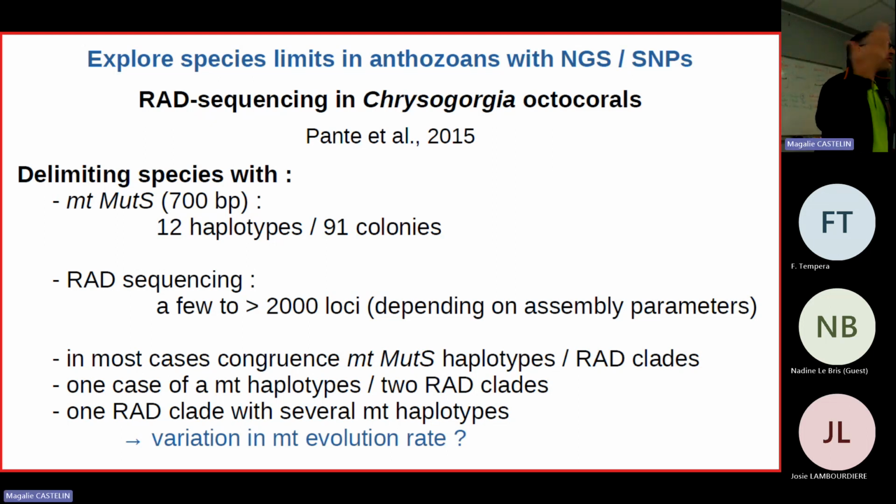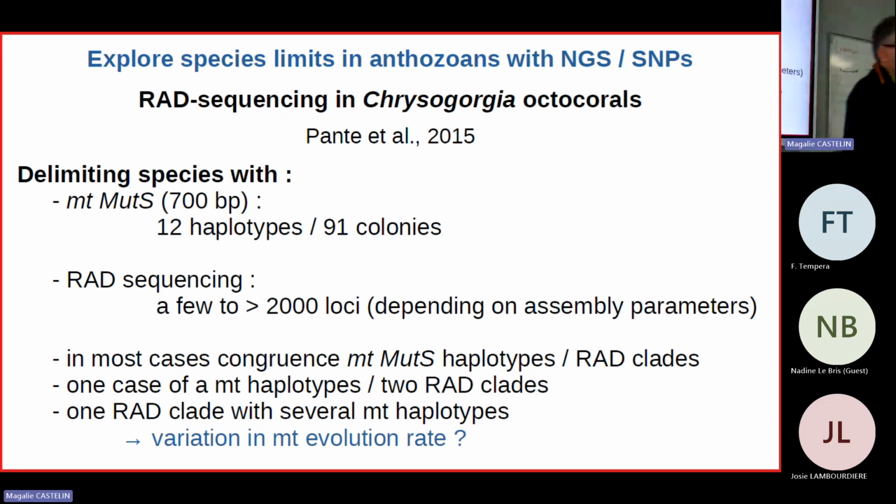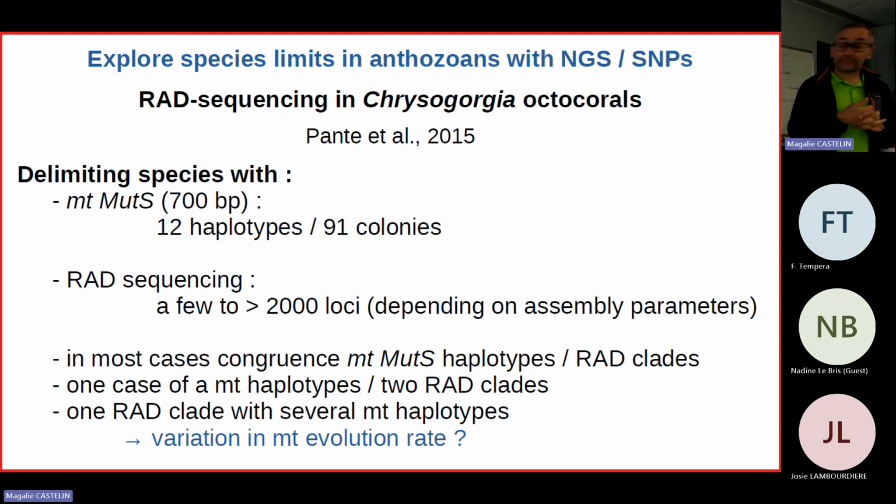These are potential same species or different species. But with a few exceptions, with one case where mitochondrial haplotype said it's the same thing and RAD sequencing said it's different things. And on the contrary, one case where we had similar things with RAD sequencing, and mitochondrial haplotypes were different.